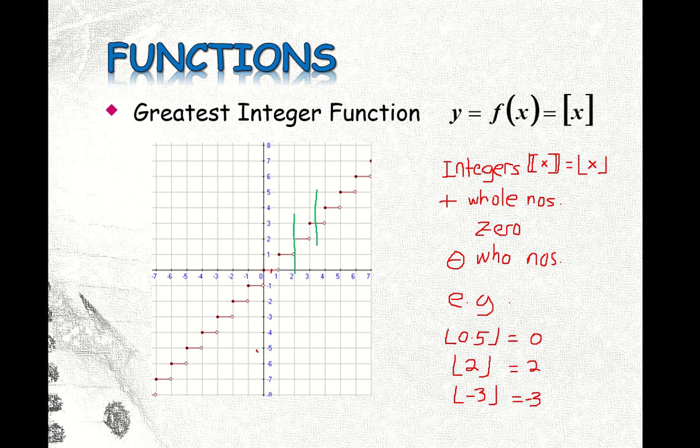So it intersects only at one point of the function. Again, if you're asked to find the domain of the greatest integer function, the domain is all real numbers. And for the range, the range is all integers.